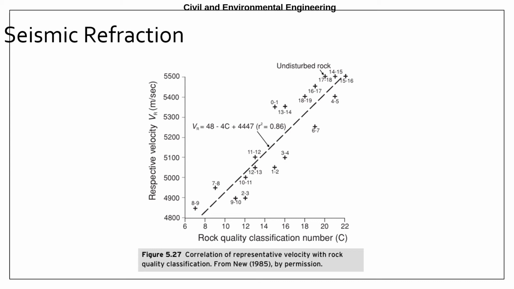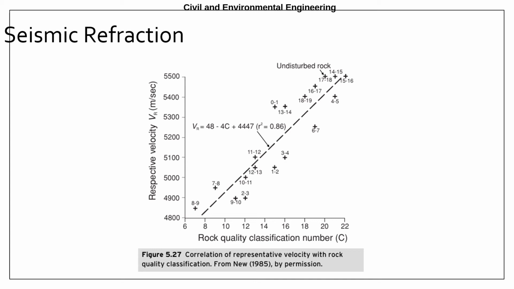And then for seismic refraction. Seismic refraction is quite different from seismic reflection. Seismic refraction is not good at detecting the details of the subsurface, but it is good at getting an engineering measurement of the layers in the subsurface.